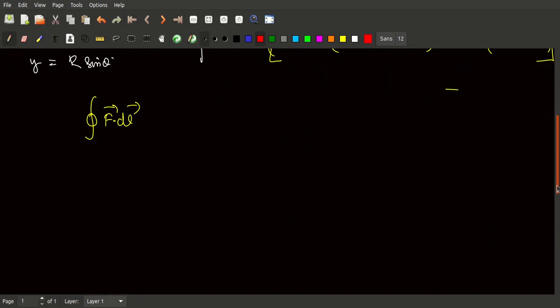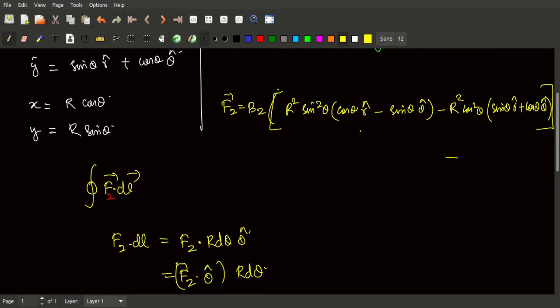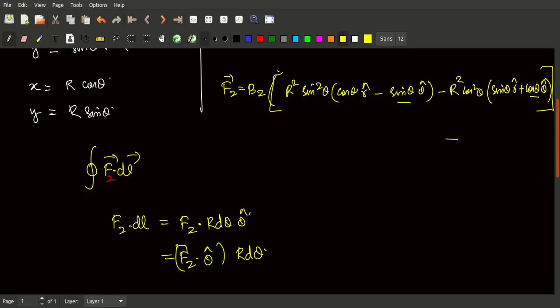So what will be F2 dot dl? F2 dot dl is equal to F2 dot R d theta theta cap, which is equal to F2 dot theta cap into R d theta. So what is this F2 dot theta cap? Only the theta cap part will remain; the r cap part will go. Just dot product it and find what it equals.